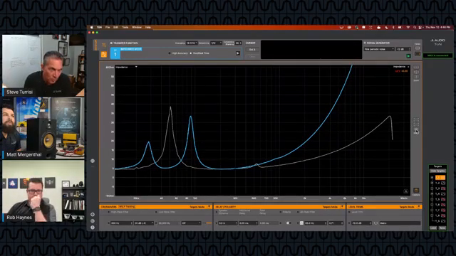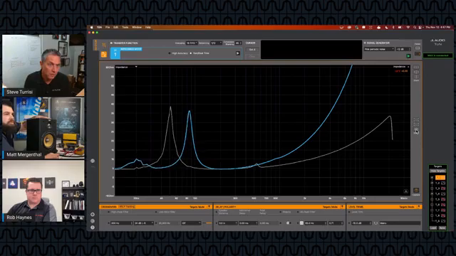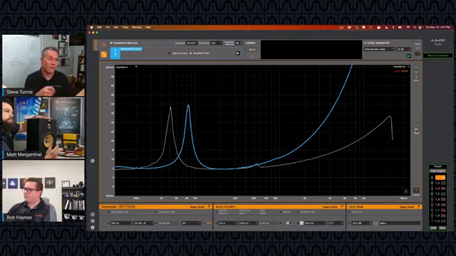So that's the ported one, and you can see the resonance of the port at that point. You see what the driver is doing at the two peaks. And when you get rid of the port, go ahead and get rid of the port, the effect of the port is largely minimized as best as Matt can cover it. And then now you're just looking at the driver's resonance itself.